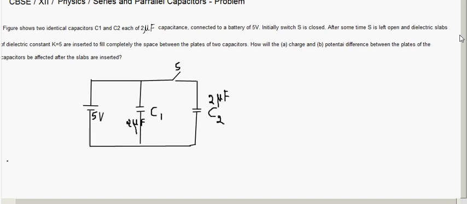Now, let me give you a note to tell you what happens when we insert a dielectric slab, and also when we connect and disconnect the battery. Remember this note.